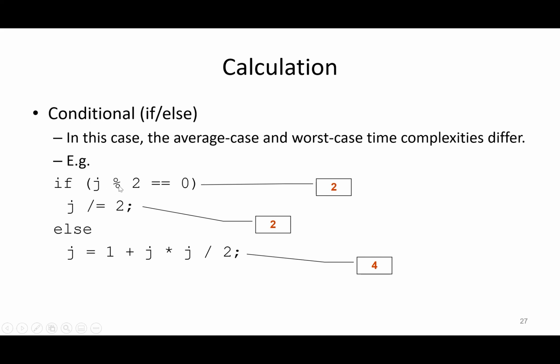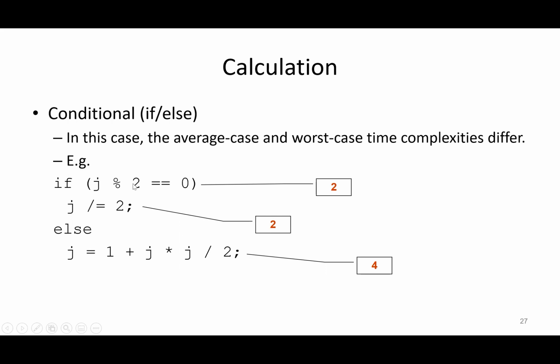the condition in my if is j modulus 2 equal to 0. Whenever I want to check whether this is true or not, I need to perform 2 operations. J modulus 2 is 1 operation. This equal to check whether it's equal to 0 or not is 1 operation. That's why 2 operations in this header for my if.